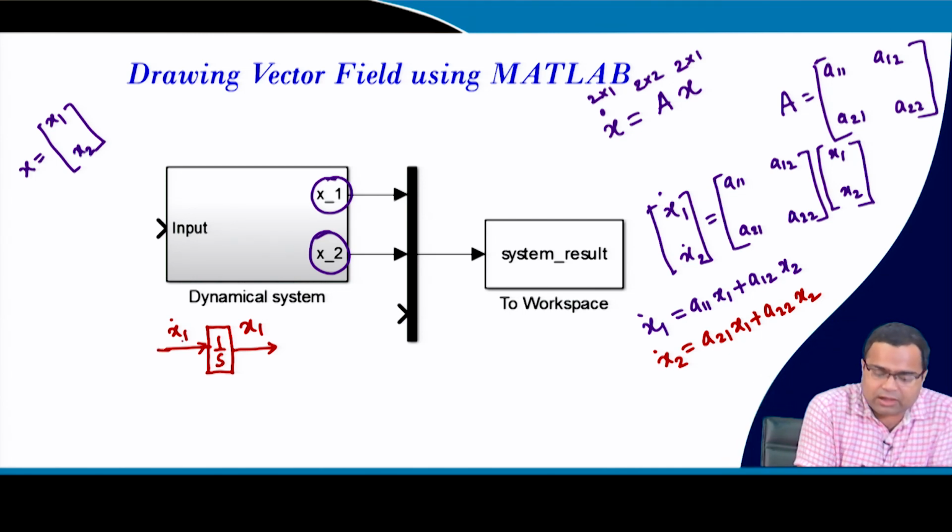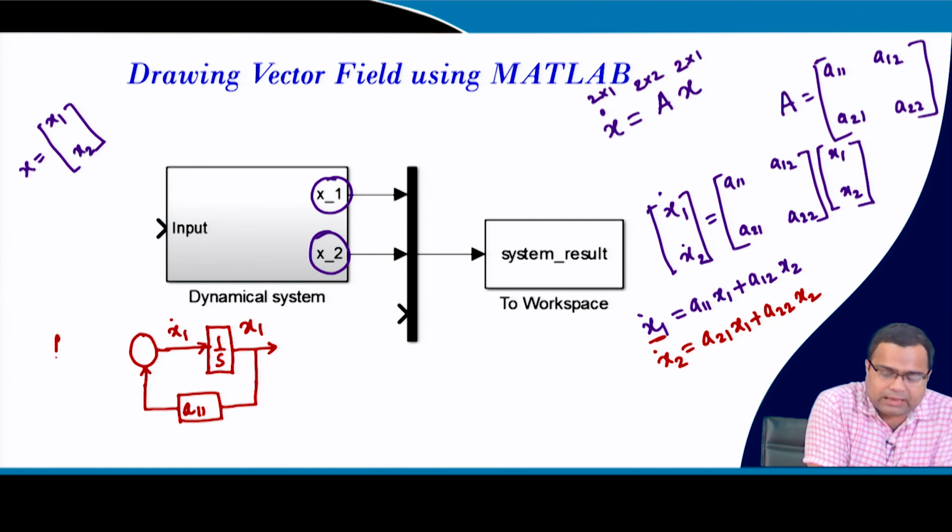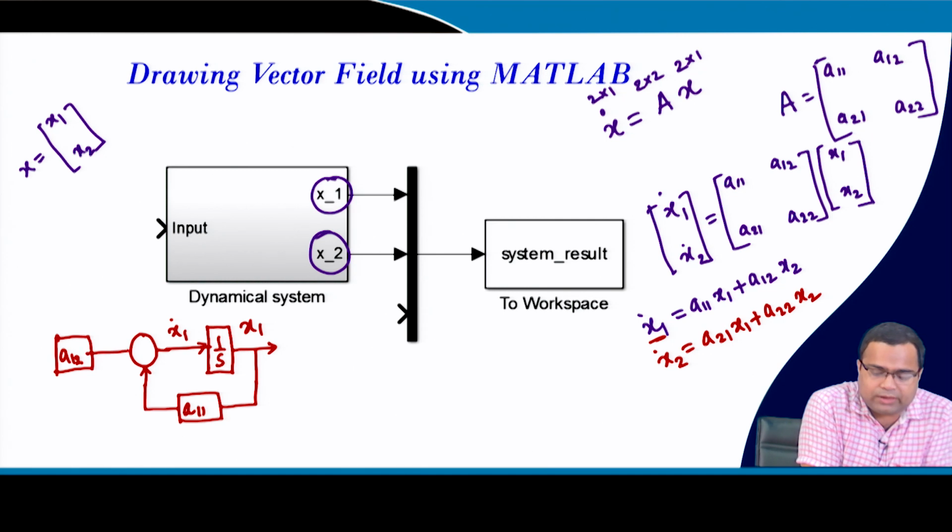Then what is my x1 dot? It is a combination of A11 x1 and there will be A12 into x2.